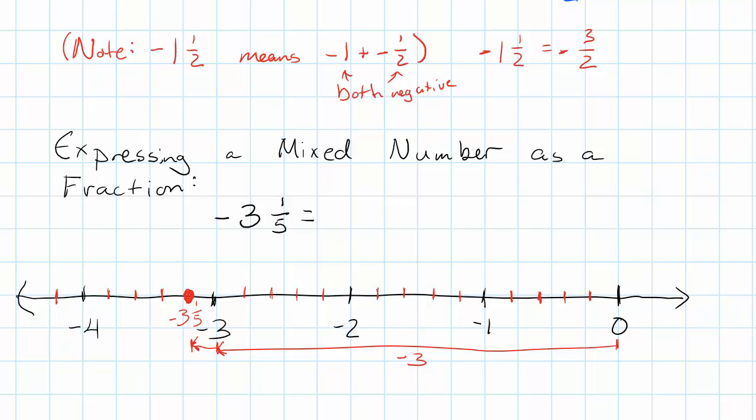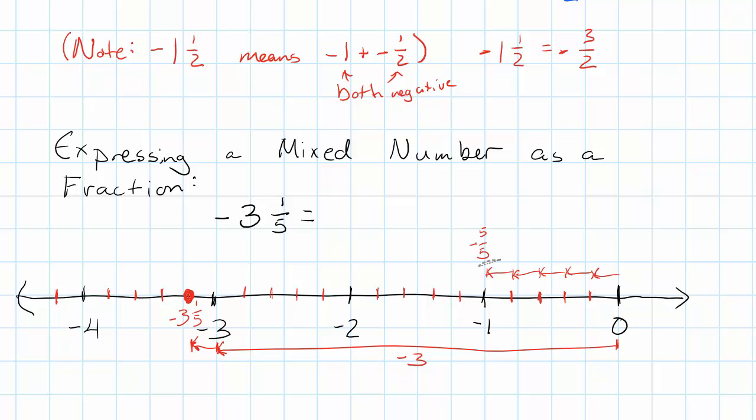Okay, well, looking at this number line, I can see how many fifths I need to get out to -3 1/5. Right? 1, 2, 3, 4, 5. You know what?